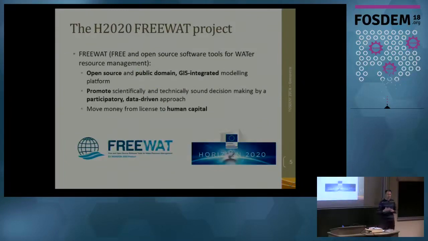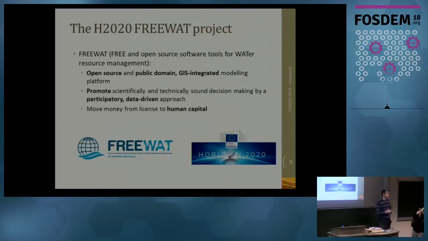So this is the FREEWAT project. It is a Horizon 2020 project, and its main idea was to provide an open source public domain GIS integrated modeling platform to promote this scientific approach and to involve all actors from an early stage.